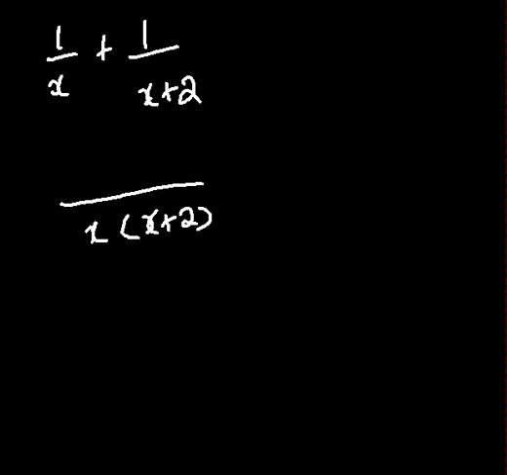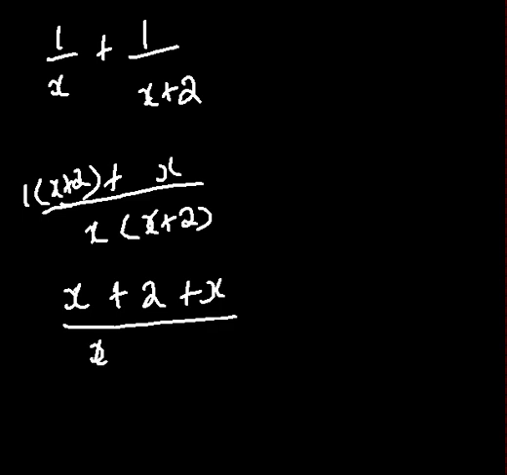We have it as x, and x times 1, that is x, and plus x into this, we'll have it as x plus 2, and x plus 2 times 1, that is 1 times x plus 2, like that. And we have to distribute 1, that will be given as 1 times x, that is x, and 1 times 2, that is 2, and plus x, divided by x times x plus 2.